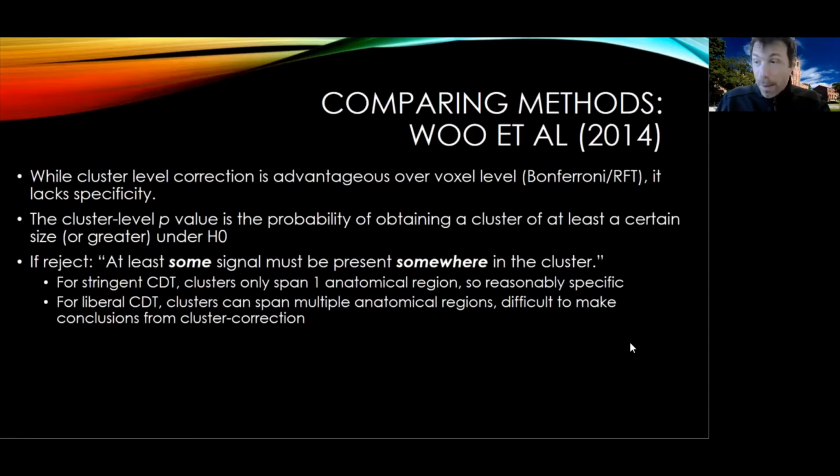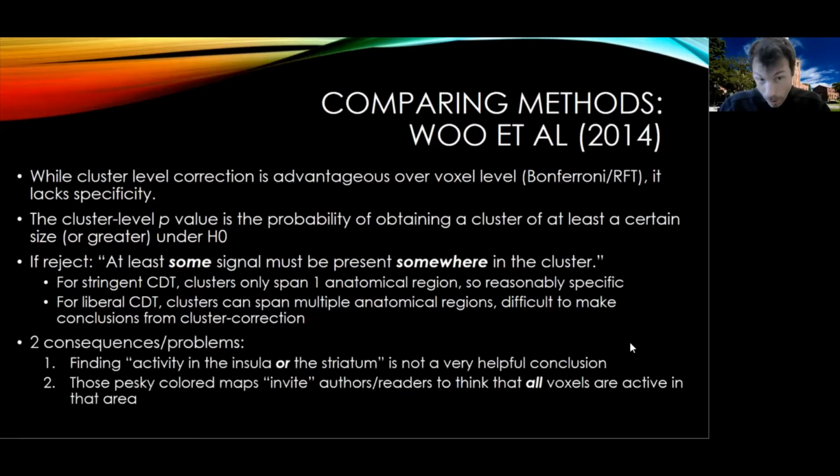And if a cluster spans many different anatomical regions, because you don't know which voxels inside the cluster are the significant ones, you can't really make any localized claim, right? So the problem, as they say, is that finding activity in the insula or the striatum, because your cluster includes both the insula and the striatum, and you don't know which are the significant voxels, just doesn't help that much.